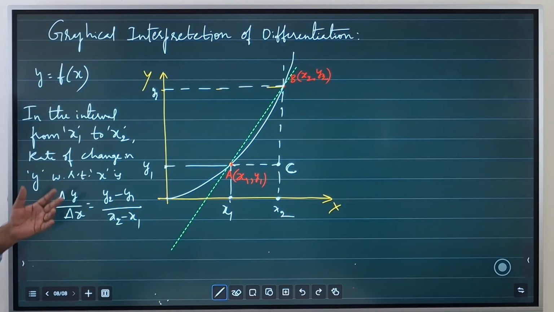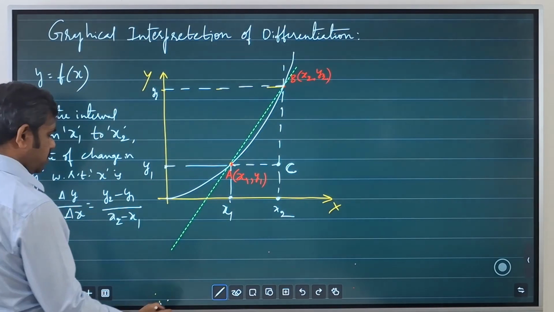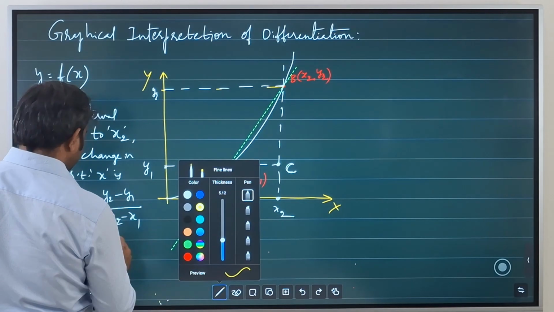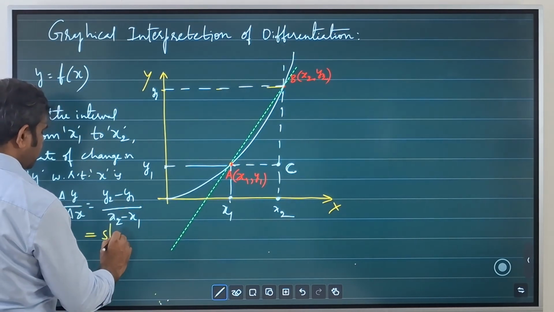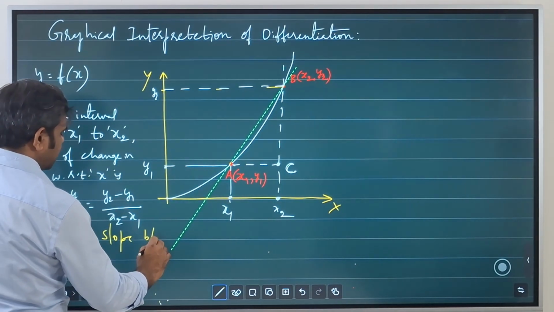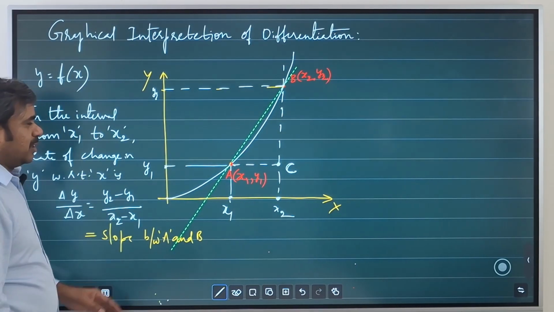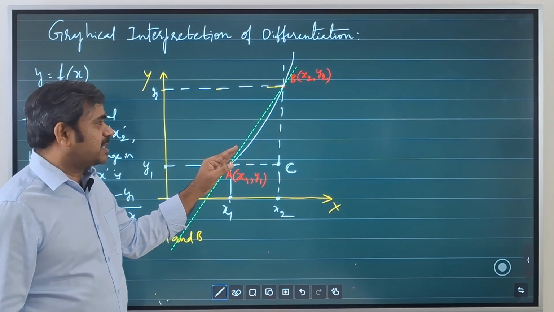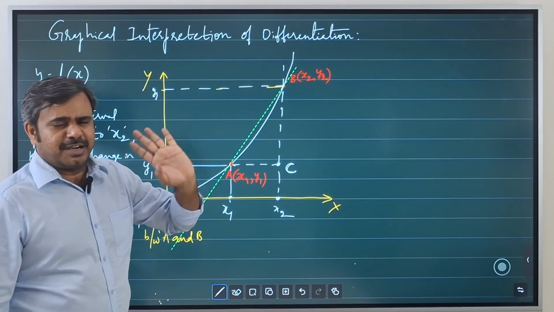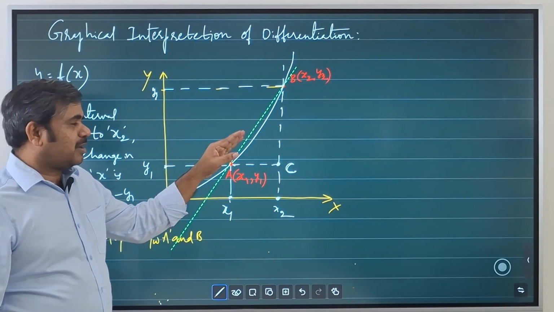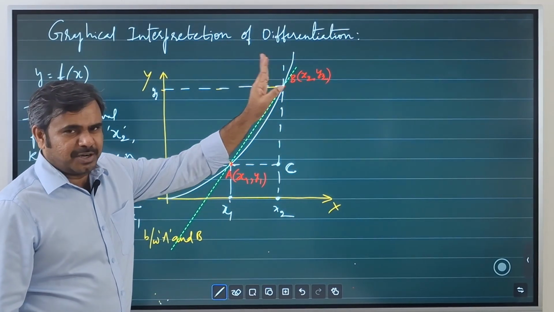Or we also call this slope. This is also called slope between A and B. This is the average slope between A and B. Look, the graph does not have the same steepness at every point between A and B. The graph does not have the same slope everywhere.